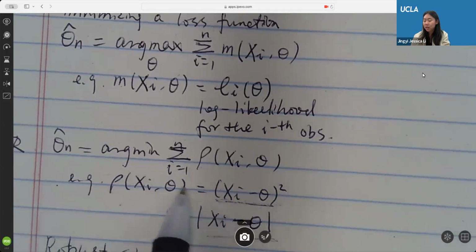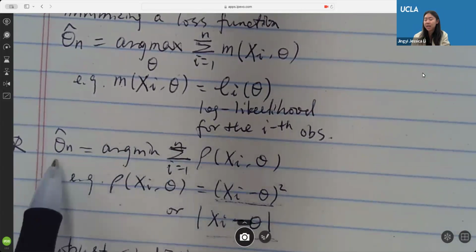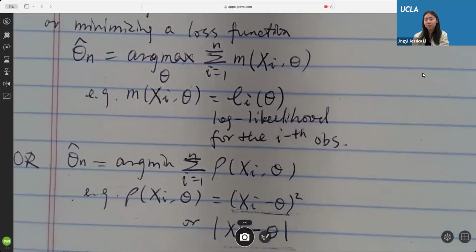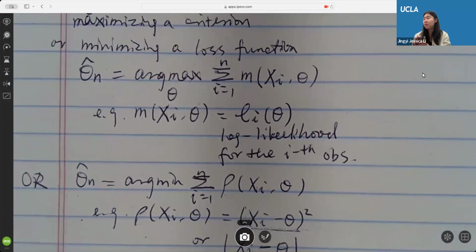If we want to study how such a minimizer as an estimator behaves, we need some theory, and that is the M-estimator theory. Essentially, under some regularity conditions, people can study asymptotic normality of the M-estimator, which can be considered a generalization of MLE, because in this case you directly work with minimizing a proper loss, rather than arguing from the likelihood or log likelihood.